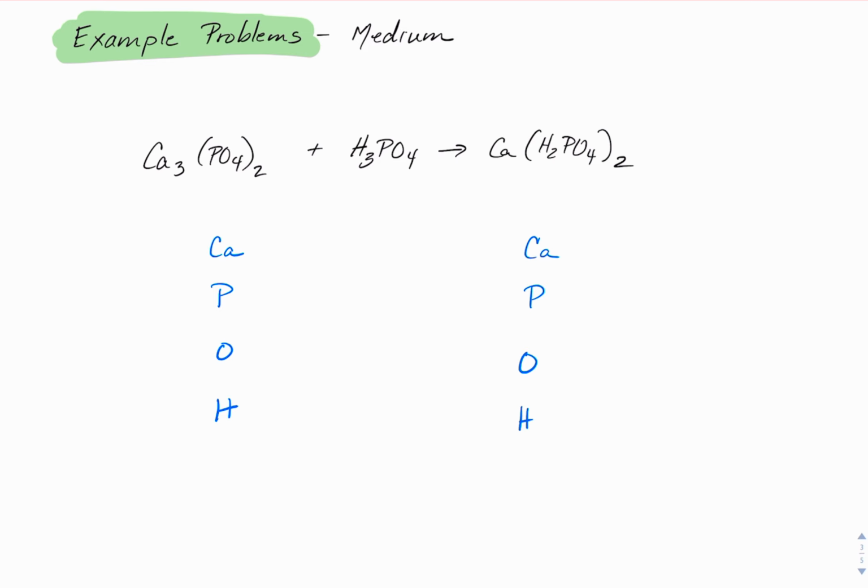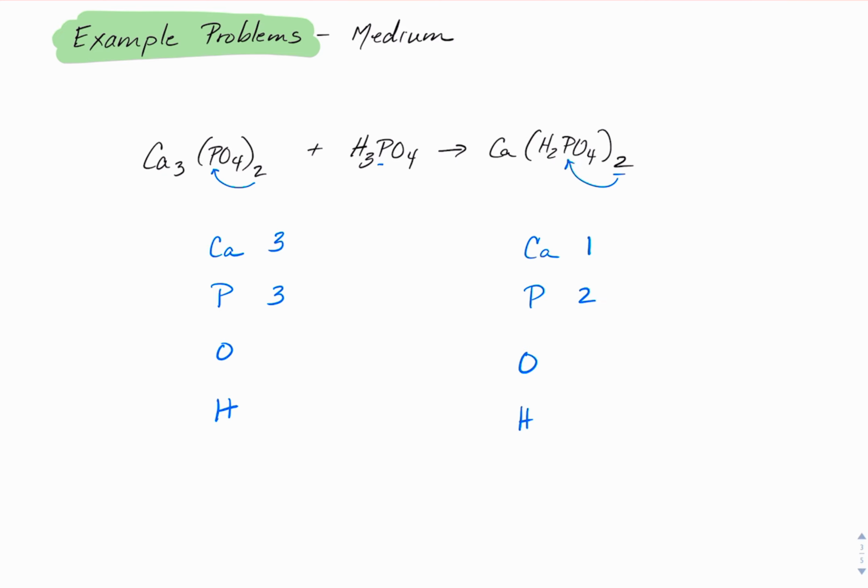And what we'll do is just count your total number to start out with. So there are 3 calciums on the left, 1 calcium on the right. There is a total of 2 phosphorus in one substance and another phosphorus in another substance. So that's 3 total phosphorus elements on the left, but only 2 on the right.